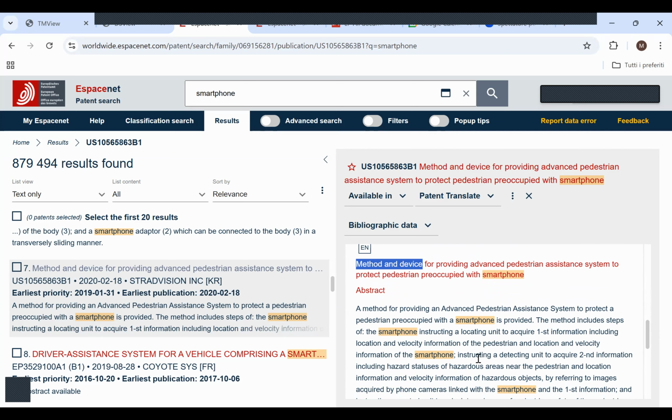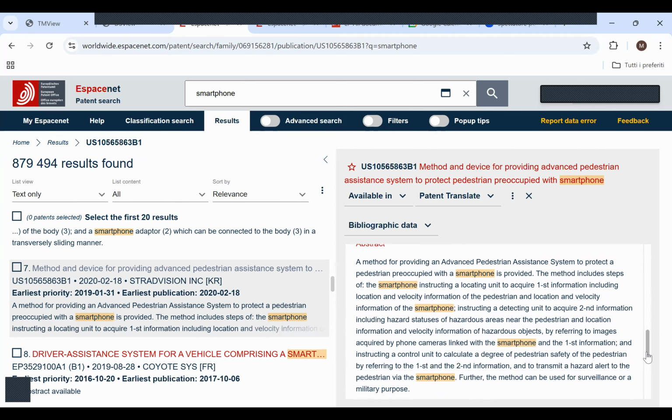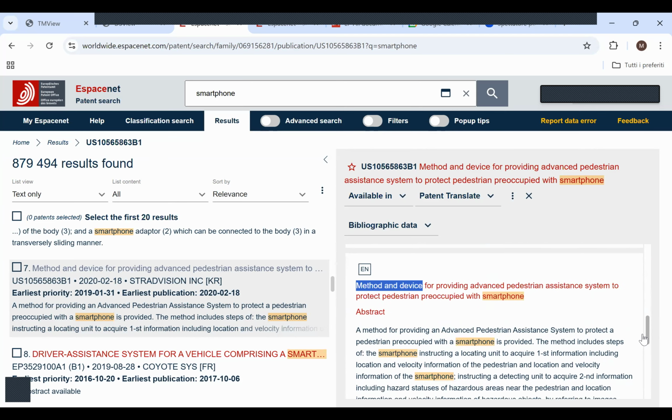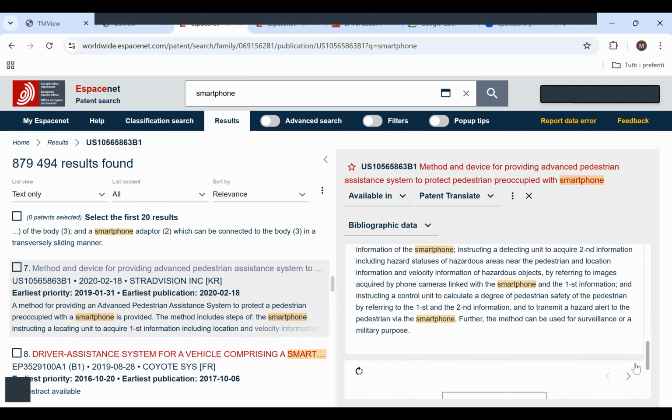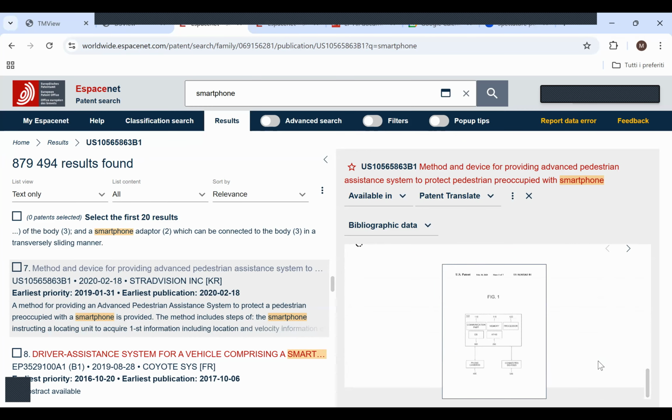So what is filed is the method and the device. You have an abstract and then you have a figure and all the detailed information. I will show you, if you like, some of this kind on a patent I know better in a few minutes if you want.